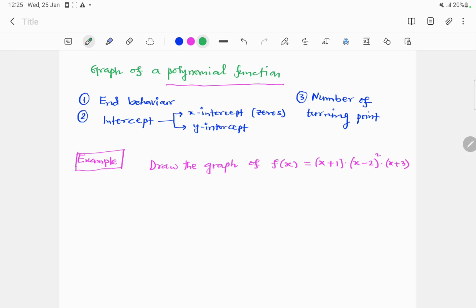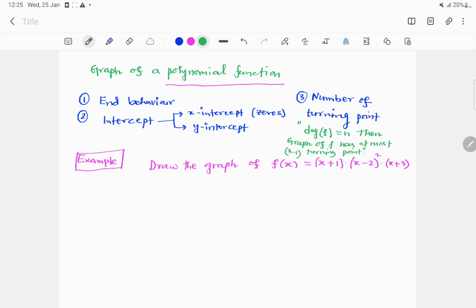Let me write here: if the degree of a polynomial f is n, then the graph of f has at most n minus 1 turning points.